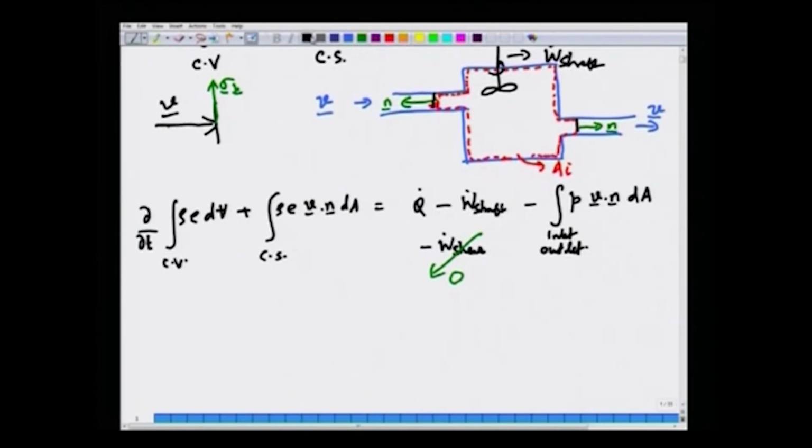So, after having done all this, let us simplify. V dot N is minus V for inlets, and plus V for outlets.